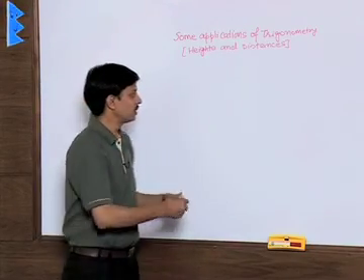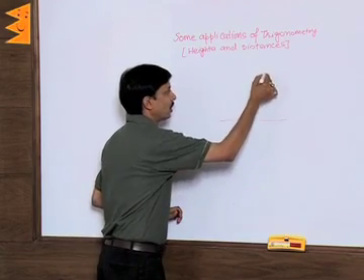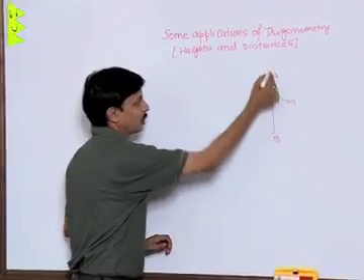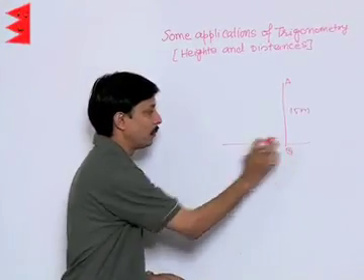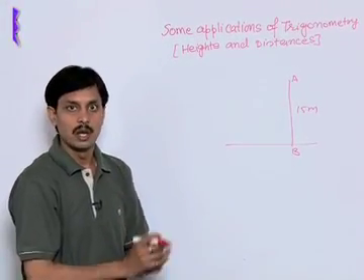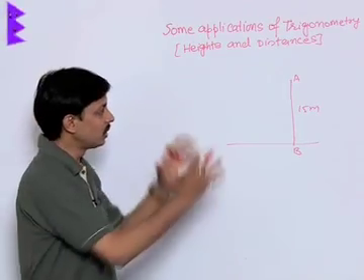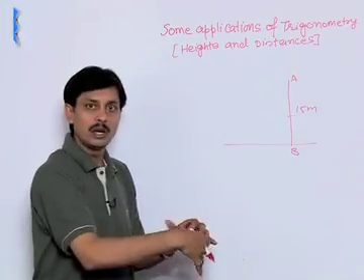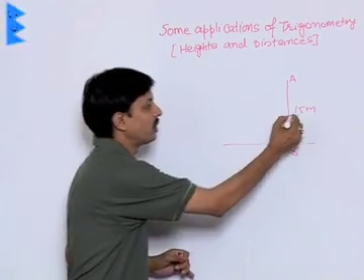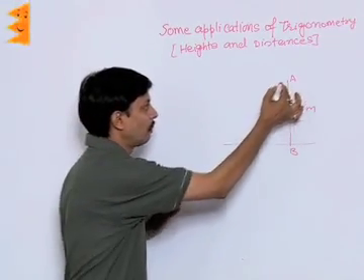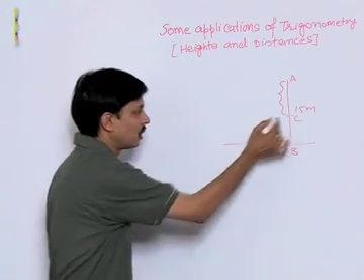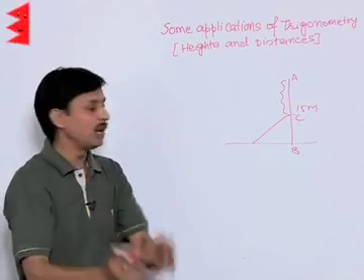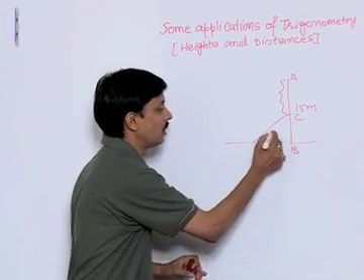Suppose there is a vertical tree with height 15 meter, AB. A is the top of the tree and B is the base or bottom of the tree. Because of the wind, this tree is broken at any point in between, not exactly from the mid, at a point C, and the broken part AC is touching the ground and making an angle of 60 degree with the ground.